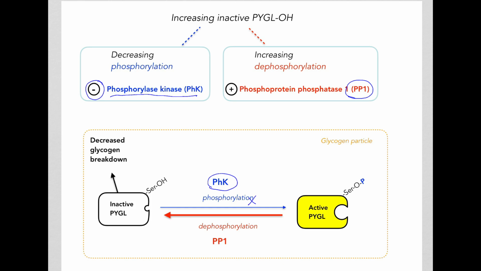So insulin can increase dephosphorylation, and by increasing dephosphorylation, the active form is converted into the inactive form, thereby decreasing glycogen breakdown. So let's see how this happens.